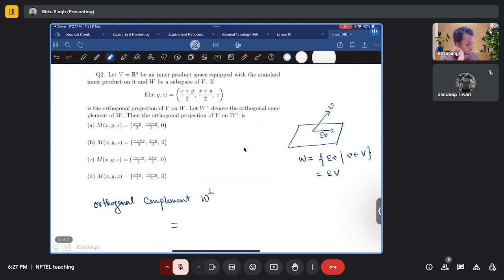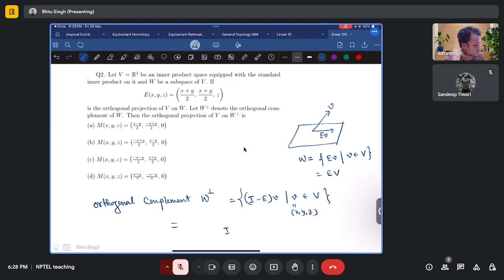So W perp can be written as I minus E acting on V, such that V belongs to the space. But V will look like this, XYZ. So I minus E acting on XYZ, by definition, is the same. So let us calculate this first.